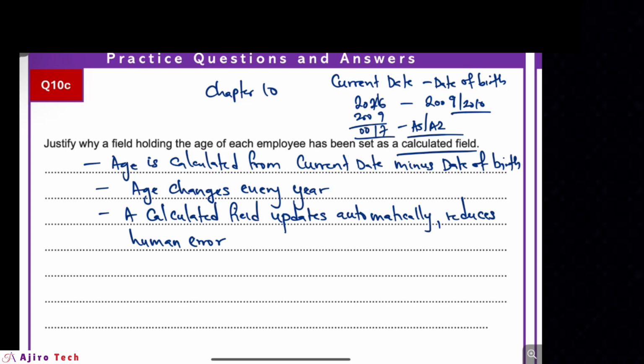Okay, so that's how you do it, right? So age is calculated using the employee's date of birth and the current date. And because the age changes over time, a calculated field automatically updates. Let me rephrase it and put it like that.